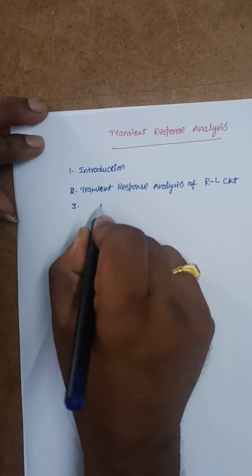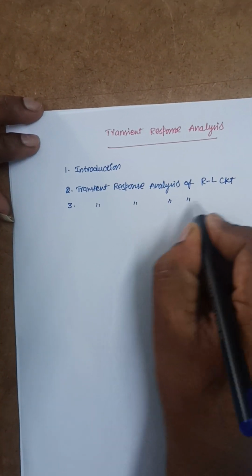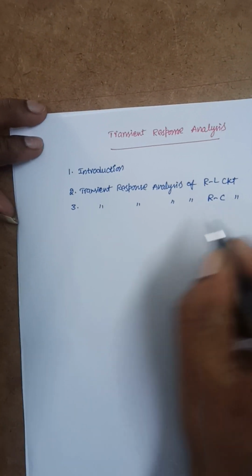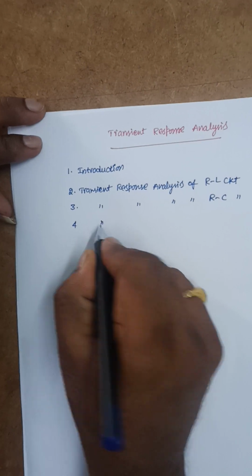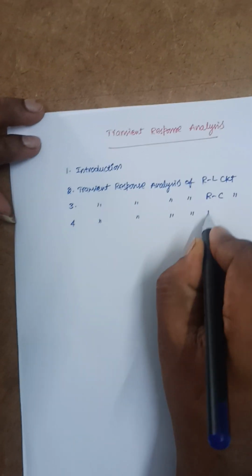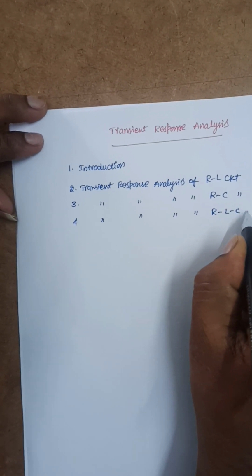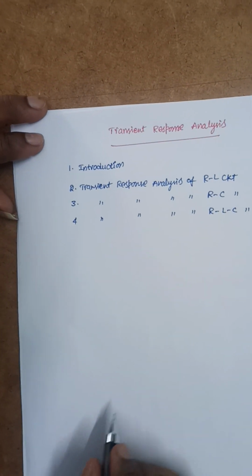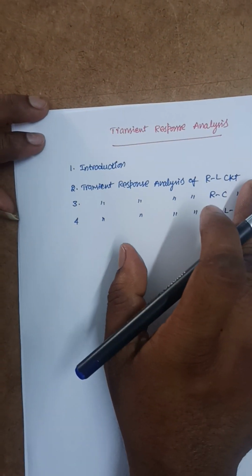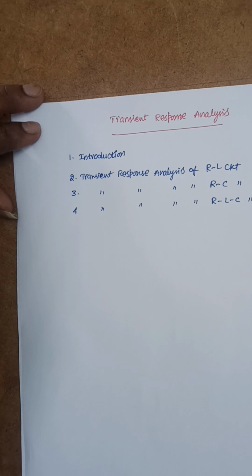Third one is transient response analysis of RC circuit. Fourth one is transient response analysis of RLC circuit. So these four parts we are going to study in this transient response analysis.